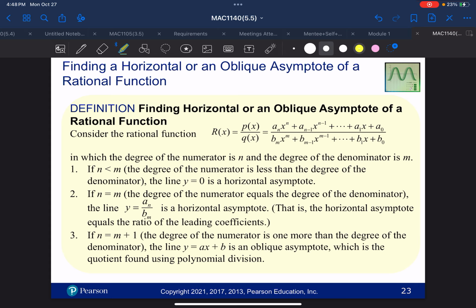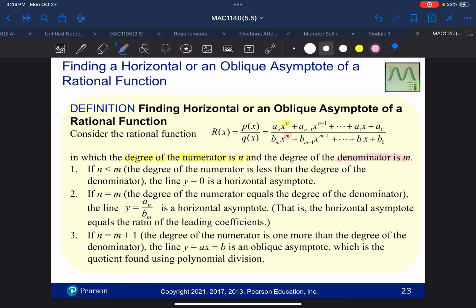So if we have a rational function, p of x over q of x, just note that this can also be written in its polynomial form, where you have the polynomial in x as the numerator and a polynomial of x on the denominator. So in this notation here, the n on top is the degree of the numerator, and the m is the degree of the denominator.